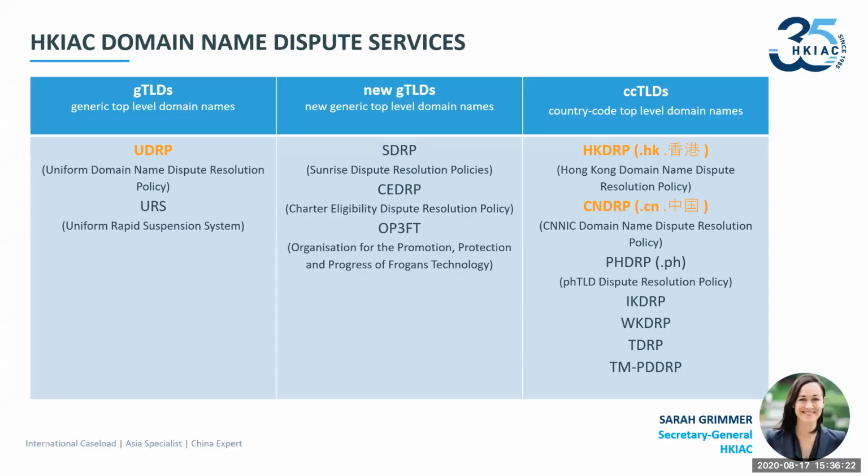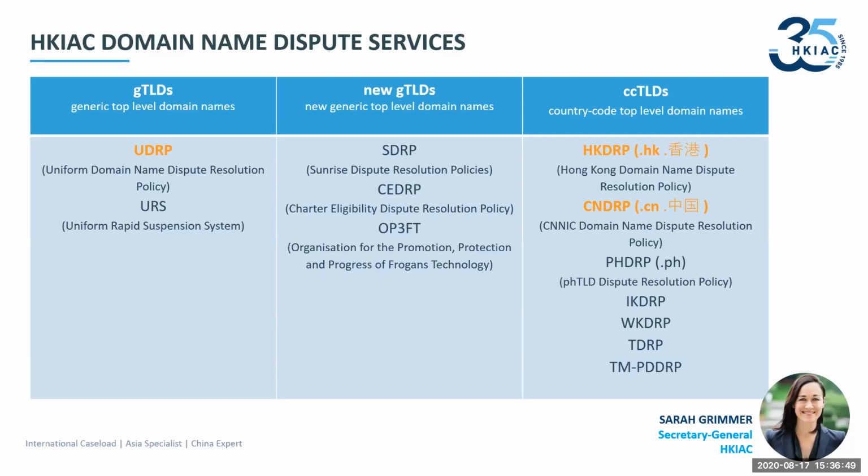As you will all know, the UDRP is the policy where organizations accredited by ICANN process the registration of domain name disputes under the UDRP policy. And there are five accredited UDRP service providers, one of which is the Asian Domain Name Dispute Resolution Center. And HKIAC helped establish the ADNDRC back in 2001.